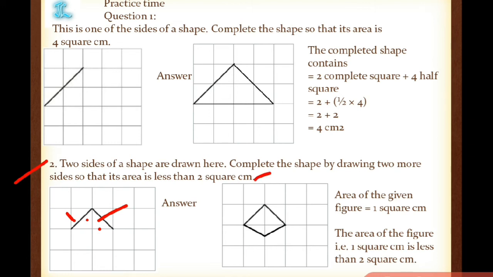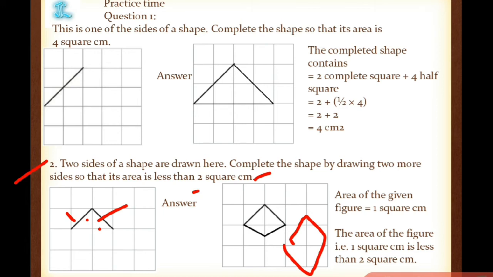They are asking us for less than 2 square centimeters, yes or no? Already we are getting 1. So, if we make a shape in such a way that we make whole squares, something like this, then the area will become more than 1. But they said that the area should be less than 2.